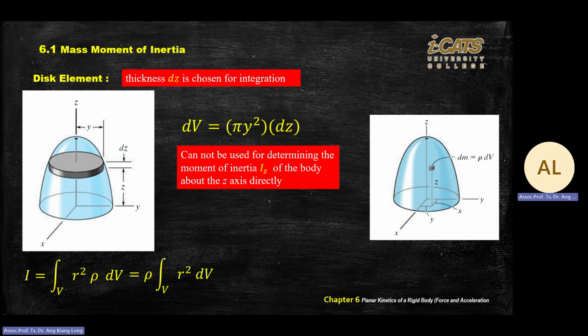However, this method is not suitable to find moment of inertia in z-axis. Why is it not suitable? What is different?